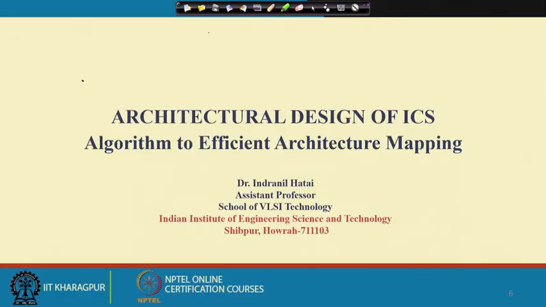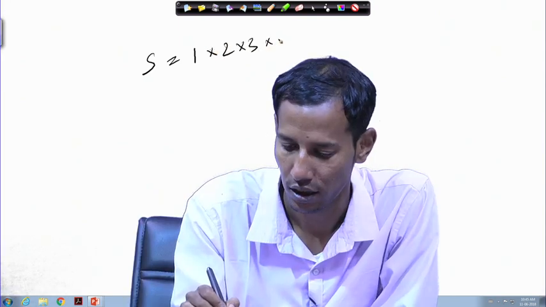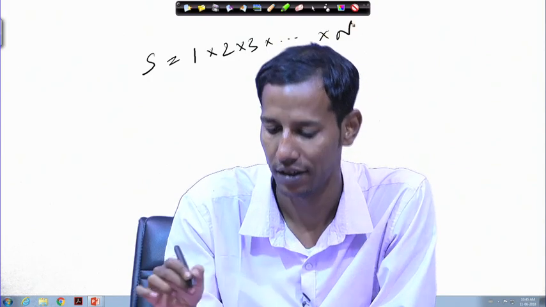Now, another type of circuit implementation. Suppose if I need the product of n natural numbers, that means S equals 1 star 2 star 3 star up to n.